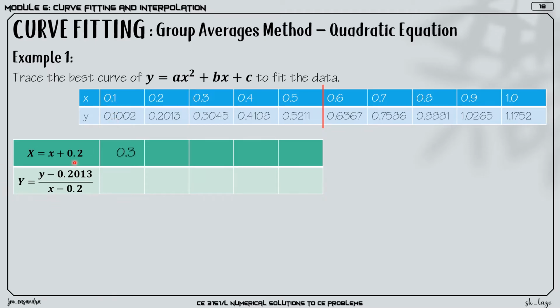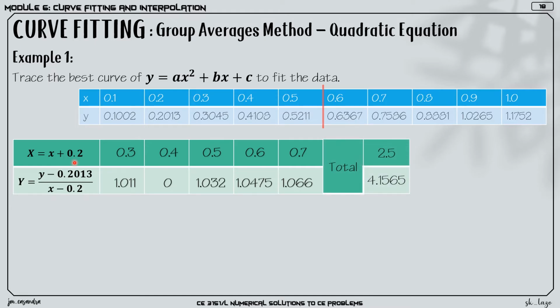We'll arrive at 0.3, 0.4, 0.5, 0.6, and 0.7. For y, we have 1.011, 1.032, 1.0475, and 1.066. Then we move on to our total for the new x and the new y: 2.5 and 4.1565.